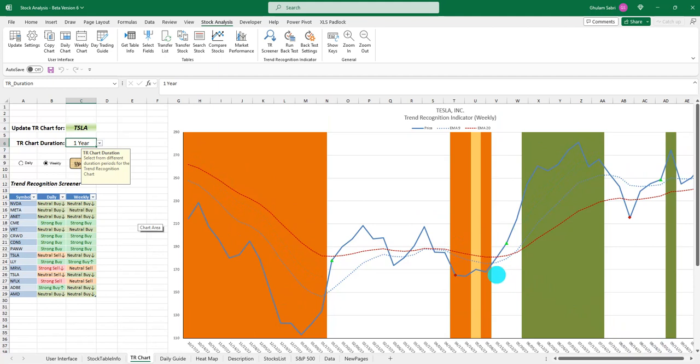And as you can see, there are a number of different color bands. This light yellow means there is a downward price trend, and it is weakening. While a strong orange color band means there is a strong momentum downwards, and the stock is likely to continue its momentum unless it makes a reversal here.